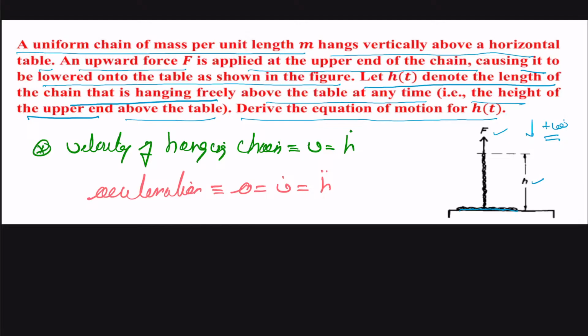And so this chain will be consisting of two parts. One part is a moving part, so the moving part will be only this much, that is our h, and the rest, this is our rest part. Okay. So we are interested first of all in the momentum of the moving part.